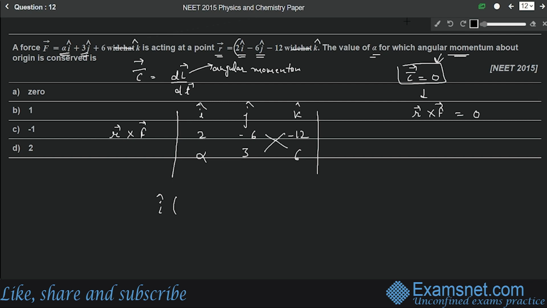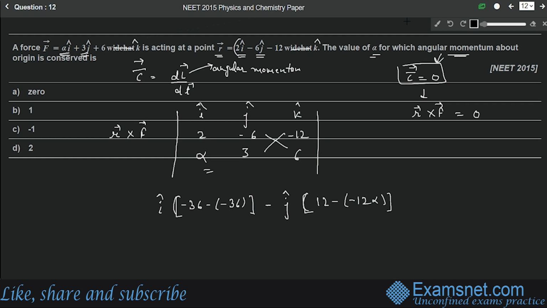So minus 6 into 6, that means minus 36, minus 3 into minus 12, that means minus 36. Then minus j cap: we hide the j column and cross multiply the i and k columns. So 2 into 6 is 12, minus alpha into minus 12, that means minus 12 alpha.